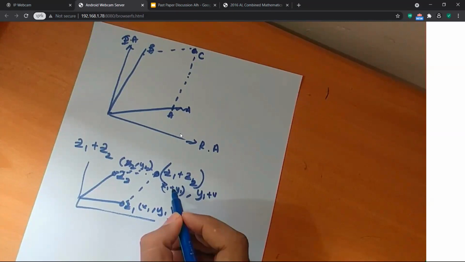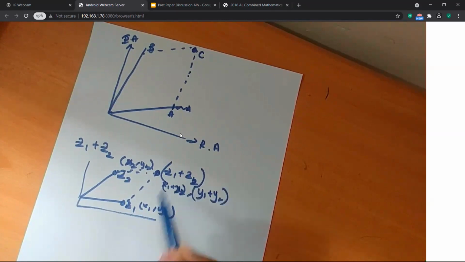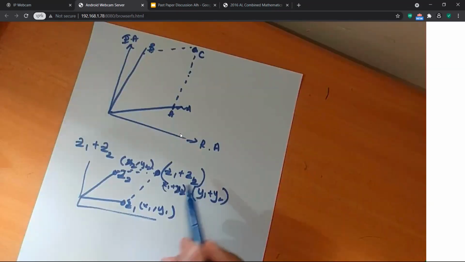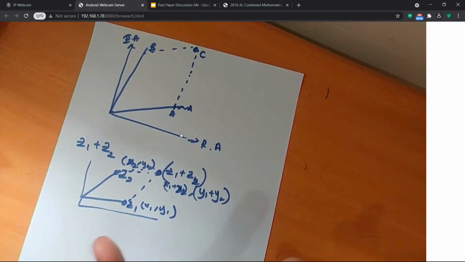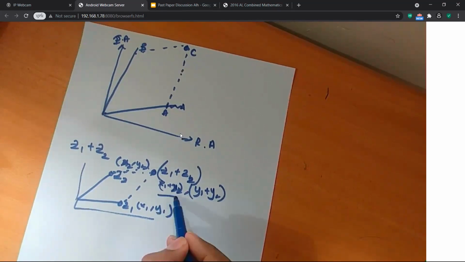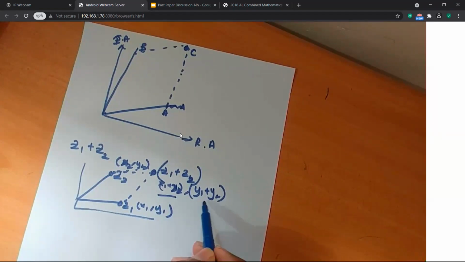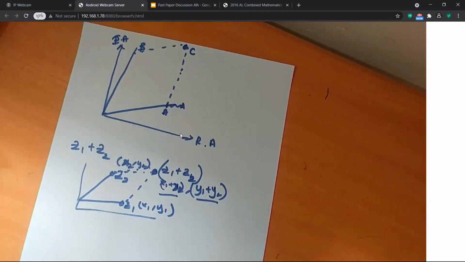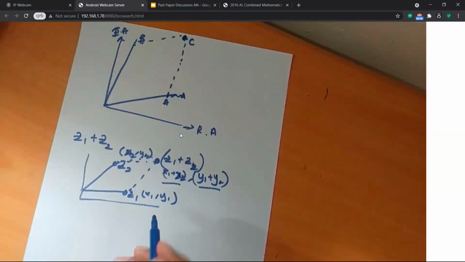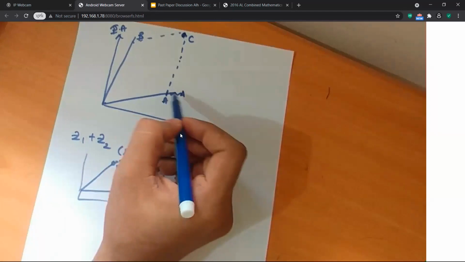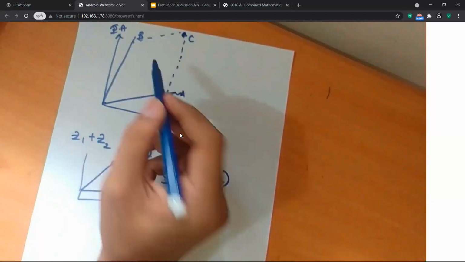If we add Z1 plus Z2, Z1 is X1 plus iY1 and Z2 is X2 plus iY2. So if you add these two, it will be X1 plus X2 plus i times Y1 plus Y2. So those are the two coordinates we need. Simply, to get the coordinate C, add the two numbers Z1 plus Z2, the value at A and the value at B. That's all you need to do.